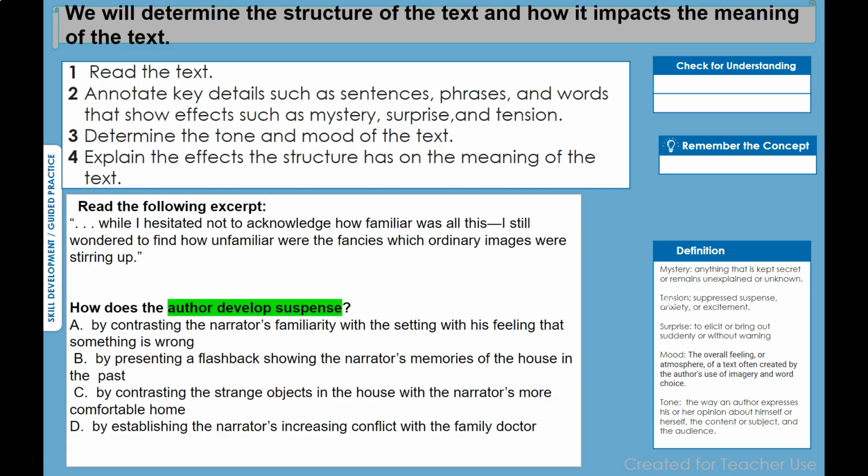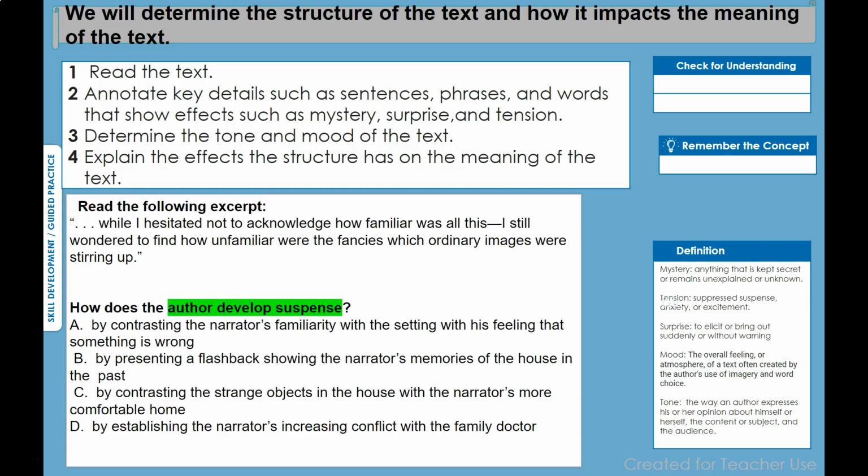We're looking again at the words and how the words are used. So then you're going to ask yourself, what is the tone and the mood of that text? And then after we do that, we're going to go back and talk about the effects of the structure. For example, let's say that we are reading a story and the author is describing an accident, right?